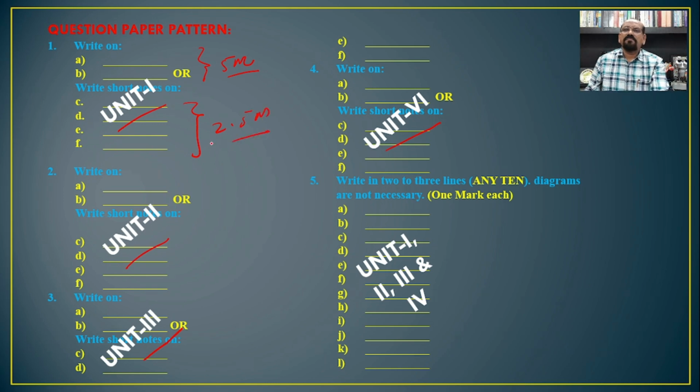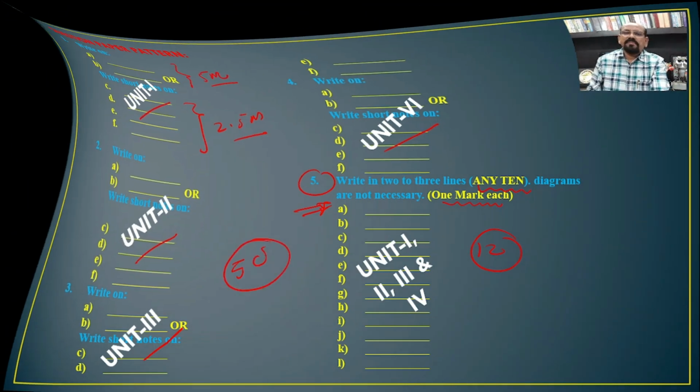While the 5th question is based on all 4 units, and there are total 12 notes, of which we have to attempt any 10, with 1 mark for each. So in this way, the total 50 marks will be there on the question paper.